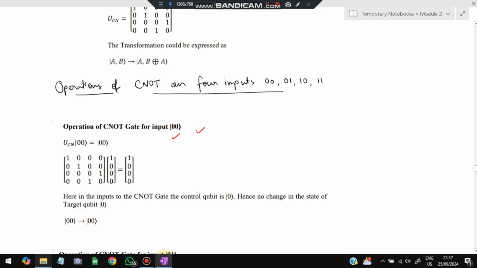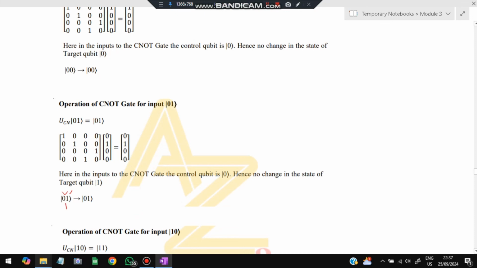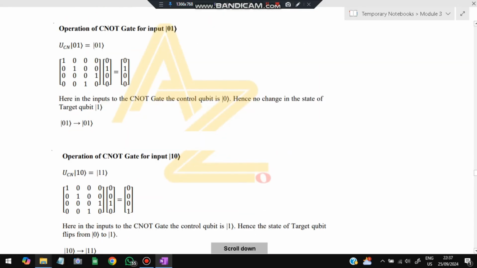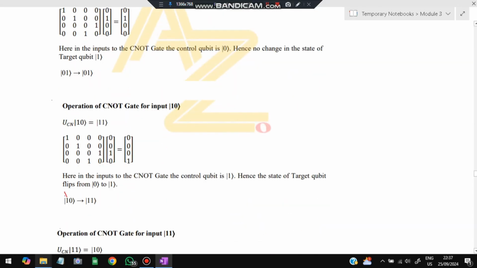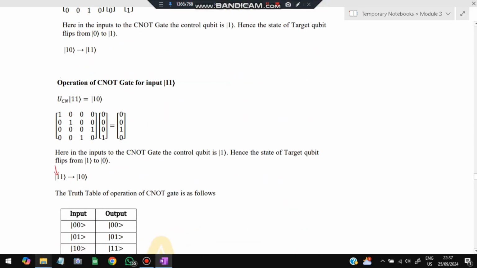Since A is not true, B will not change, so this remains 00. Similarly for 01: A is 0, so B will not change and it remains 01. For 10, since A is 1, meaning true, B should change, so B becomes 1. And 11 changes to 10: A is true, so B changes from 1 to 0, and A remains the same.